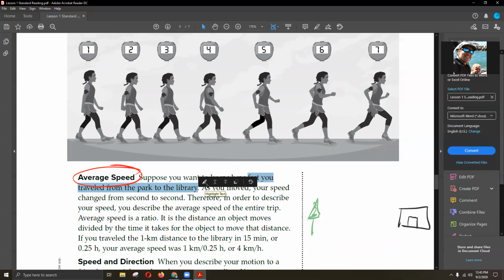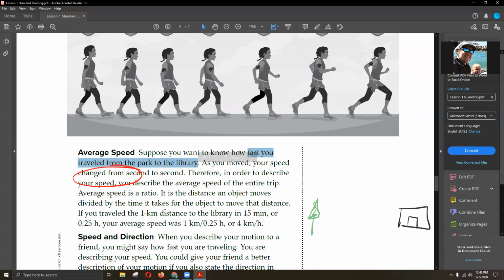All you know is that the distance between them is 1 kilometer. To figure out your speed, you need to know the time it takes to travel there. That's all you need to know.